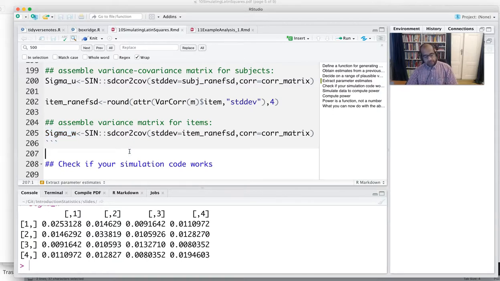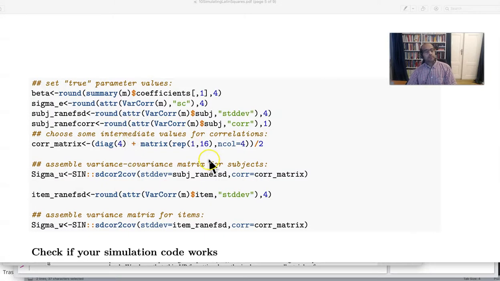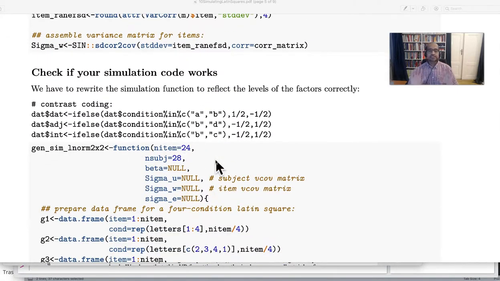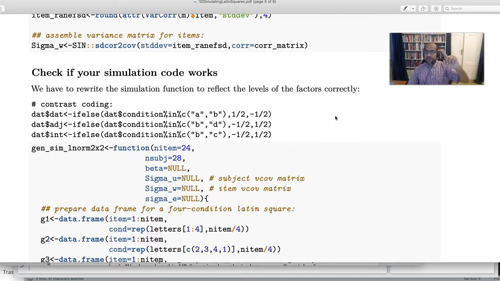So the next step in our preparation for simulation is to first check that our code actually works. One problem that we are going to face is that the function that I had defined for generating simulated data is not exactly correct anymore. The reason is that the conditions in this Levy and Keller design have codings that are different from the C1, C2, C3 contrasts that I defined.